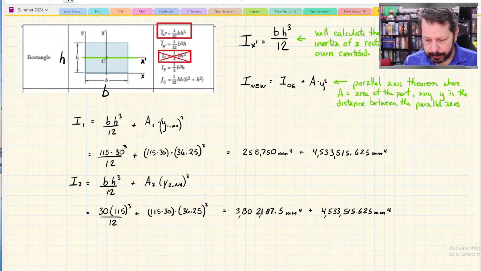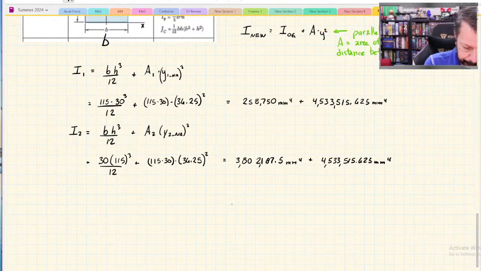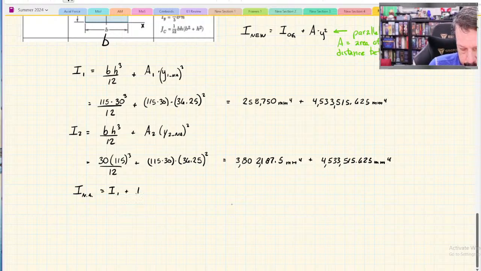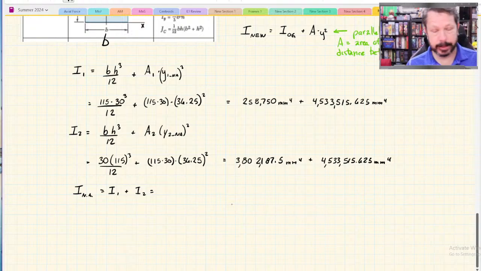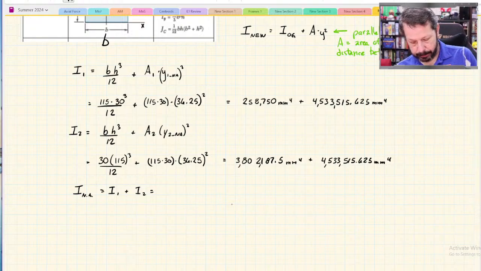We need to add all this stuff together though. So the total moment of inertia is all of this stuff added together. I, for the neutral axis of our T-shape, is I1 plus I2. So let's see what that is. 258,750 plus 4,533,515.625.